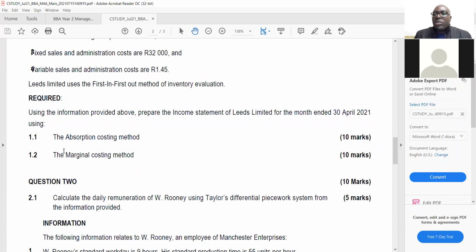So in absorption costing, you are including both the fixed component, the rent of the factory, maybe the fixed bill of electricity for that manufacturing building, plus all the other direct labor and direct material. They are brought together to help us calculate the value of closing inventory, that is under absorption costing.